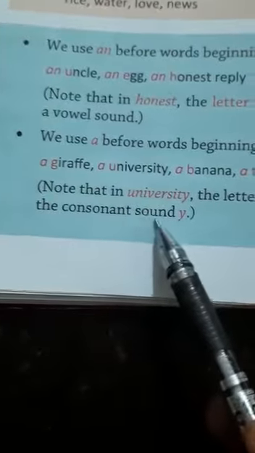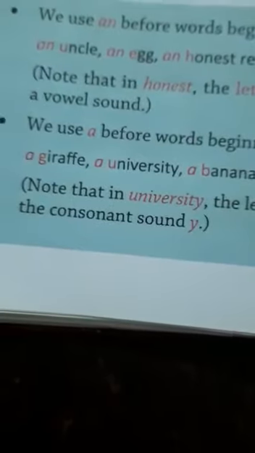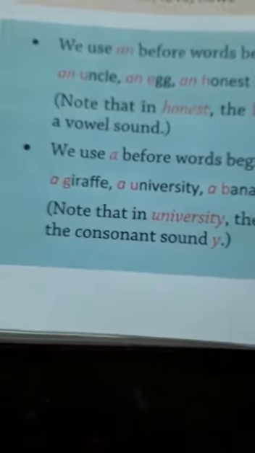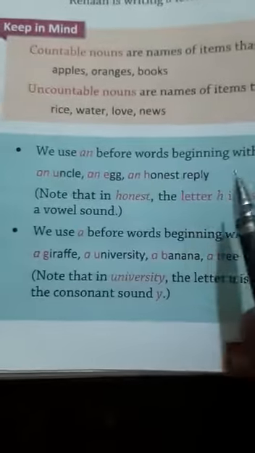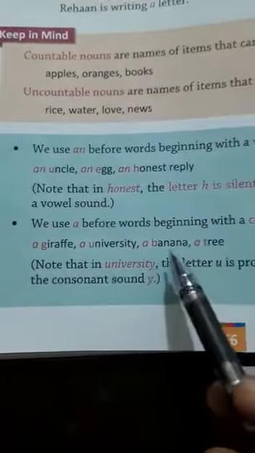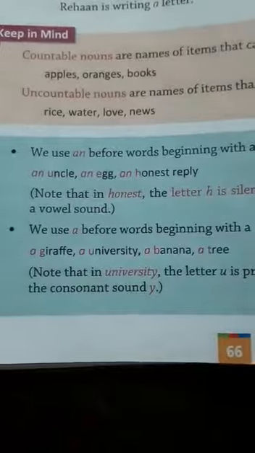Note that in university the letter U is pronounced as yoo, which begins with the consonant sound Y. So we use a university here. Children, there are a lot of exceptions in English grammar, you will know in next classes. But here you will keep in mind you will use an before the words which start with vowels A, E, I, O, U, and we will use a before words starting with consonants.